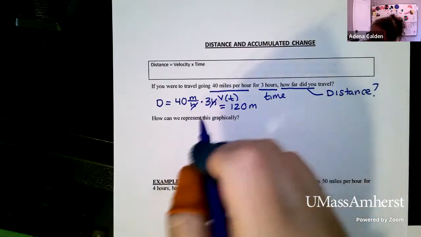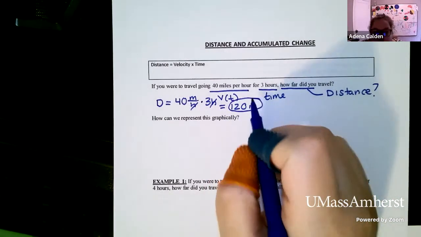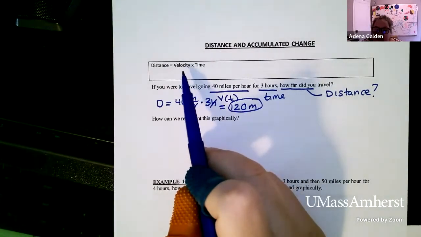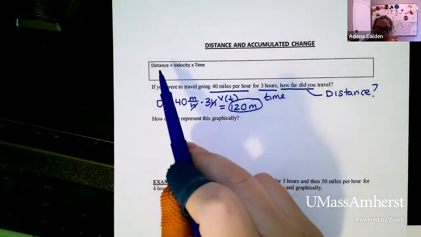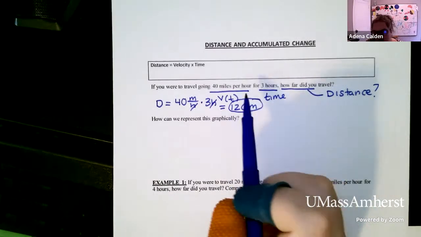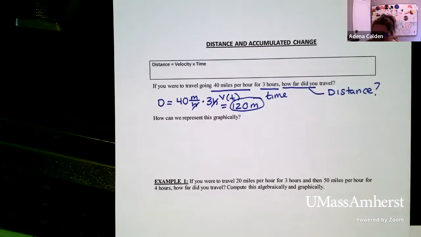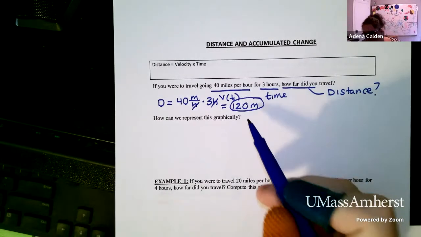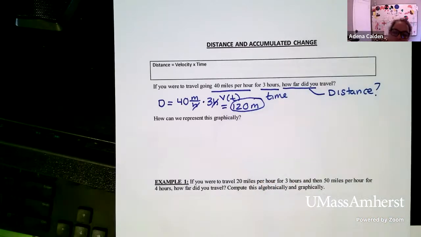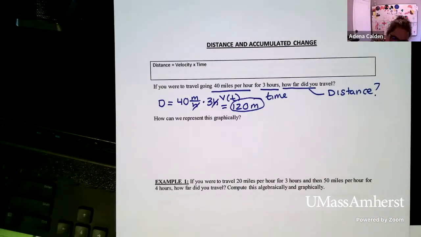So over that 3 hours, we traveled 120 miles, right? So we have some velocity times time. That's going to tell us how much our position changed, which is called the distance, right? So position was the original function. How much did our position change? 120 miles, okay? So that's how we would think about this algebraically.